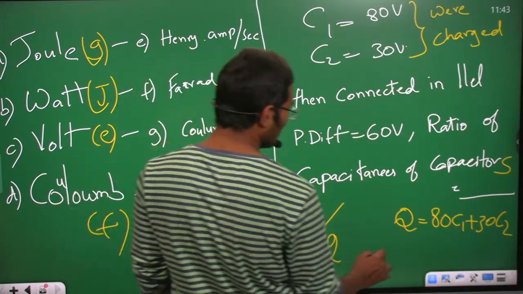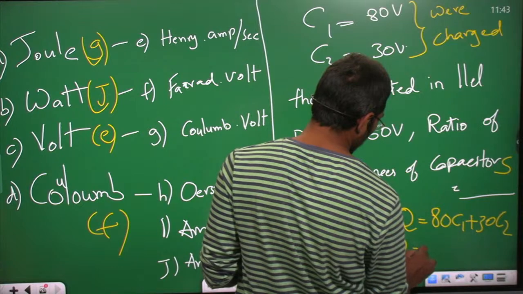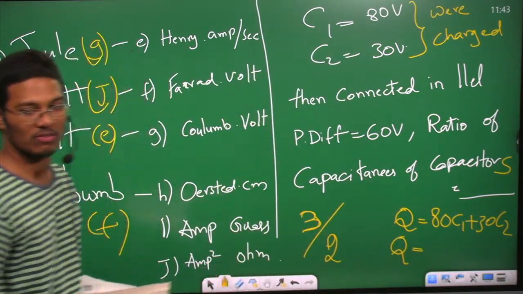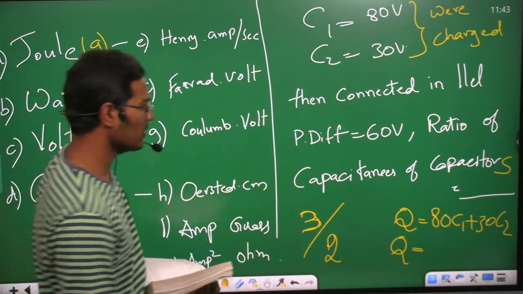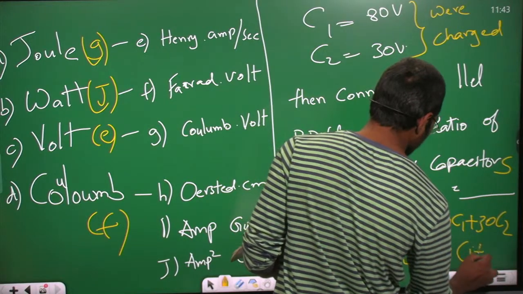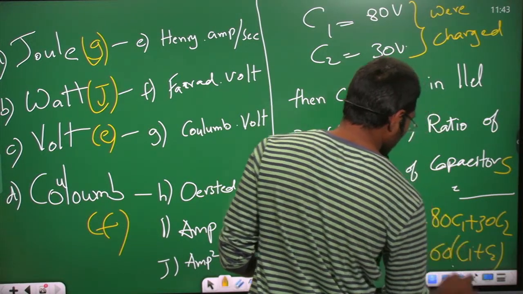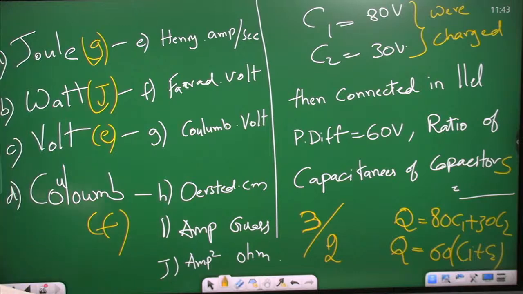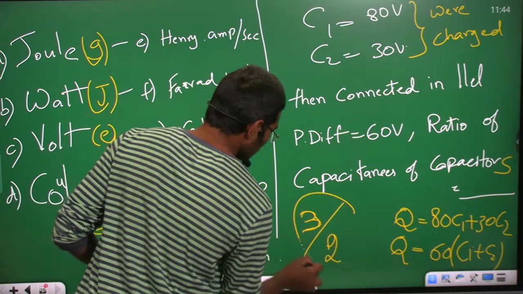What will be Q when connected in parallel? It is 60 into C1 plus C2. So can't you find the ratio from these two equations? Two equations, two unknowns. Solve. So you will get 3:2.